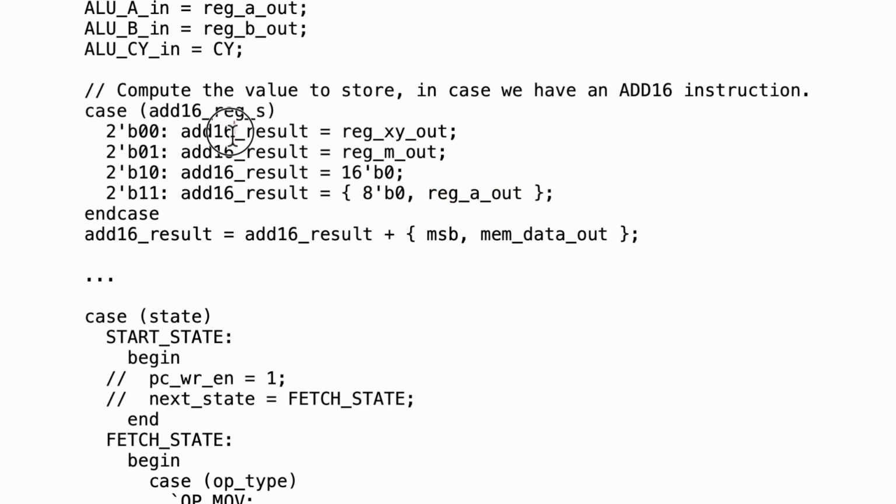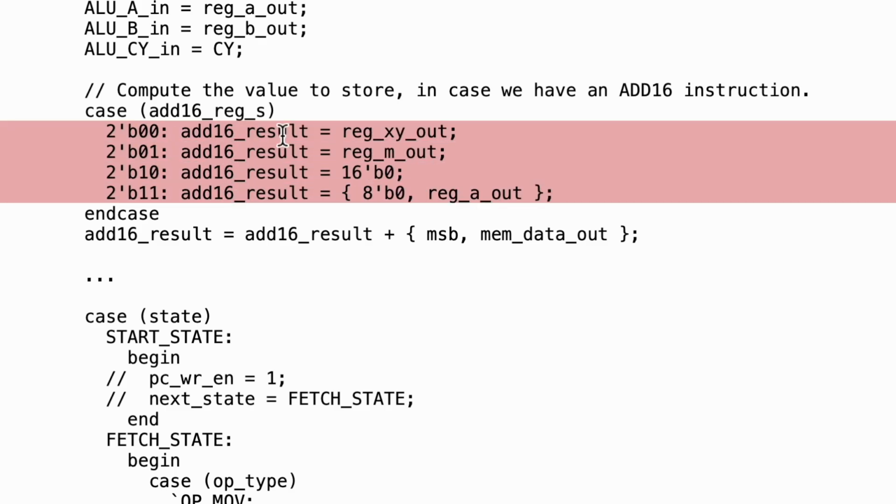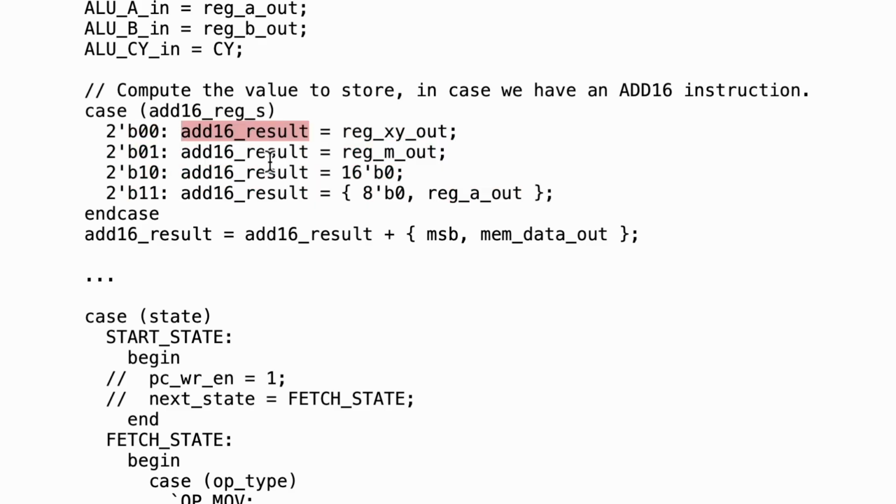So one of those is selected as the starting value to use, and then we add in the immediate value, and that is our value that will be written into either the XY or the M register on the rising edge of the clock on the next cycle.